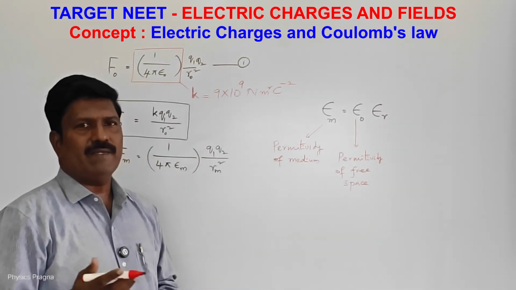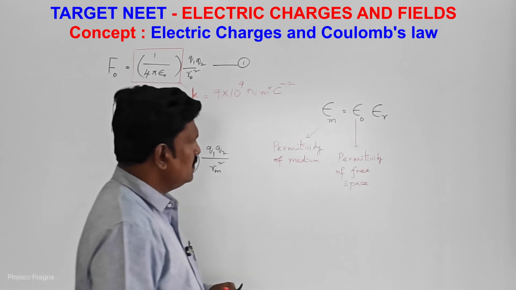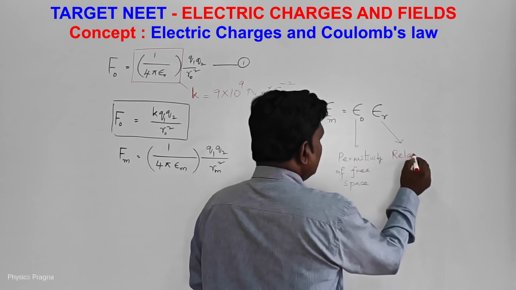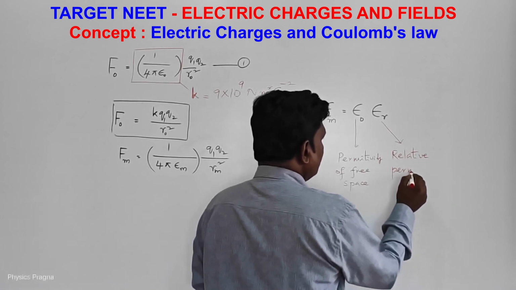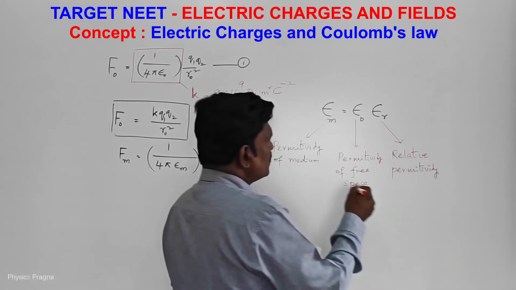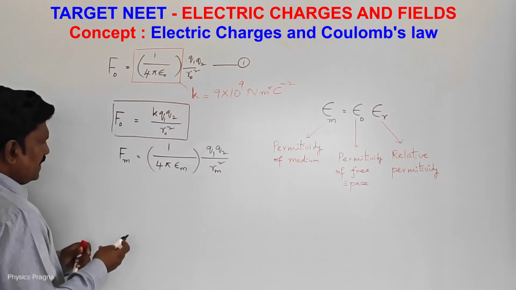Free space means permittivity of vacuum or permittivity of air. This is known as relative permittivity. So these are the names.